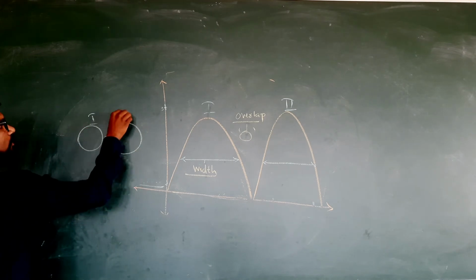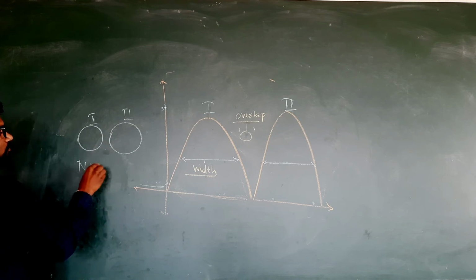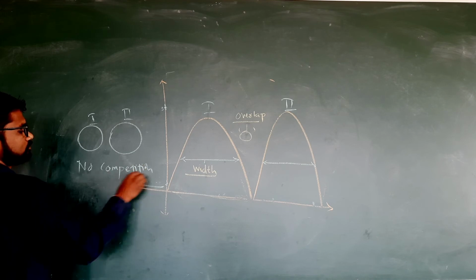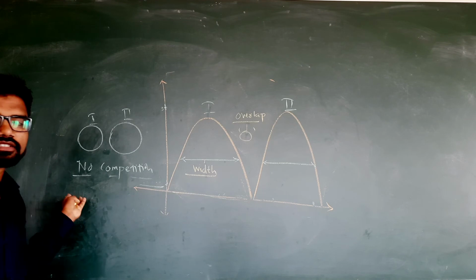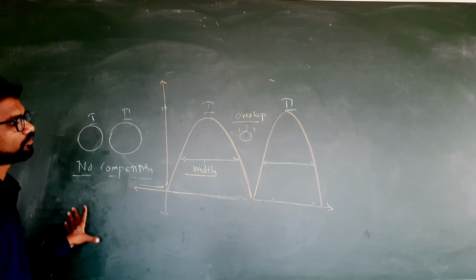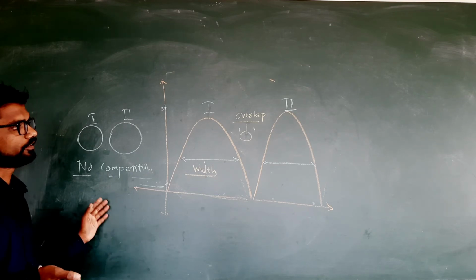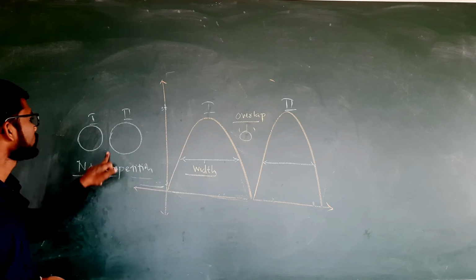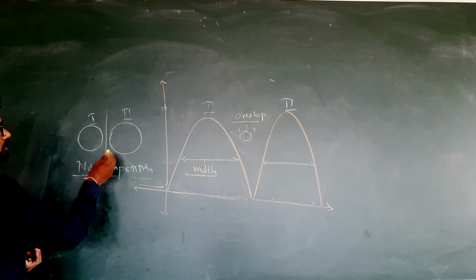This is first and this is second, and there is no competition in that place. So this is one case of the ecological niche, niche width and niche overlap. There is no overlap in this case.